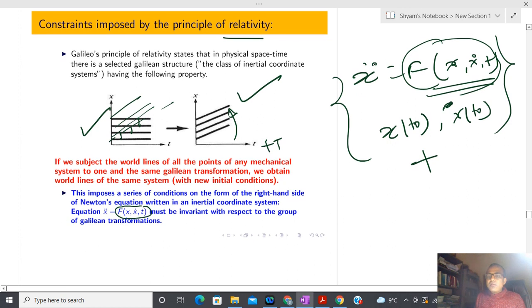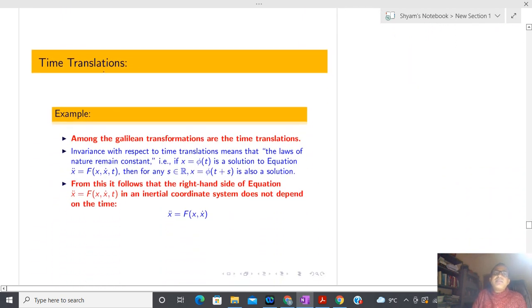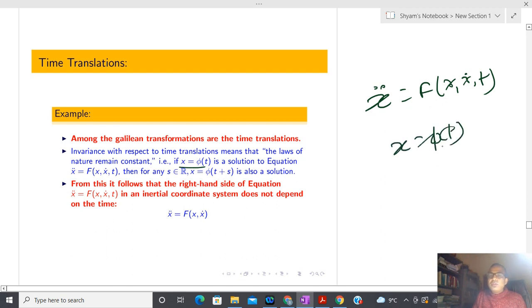Now let us come to these constraints. So the first constraint is time translation. So what does it mean? Suppose I have a second order differential equation, and I know that I have a certain kind of solution. I am assuming that suppose x equal to phi t is the solution.